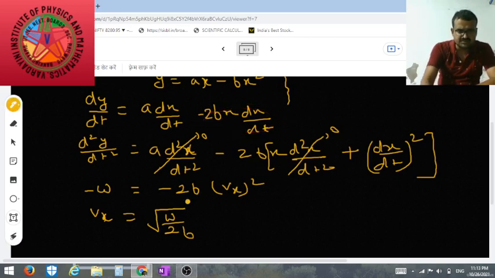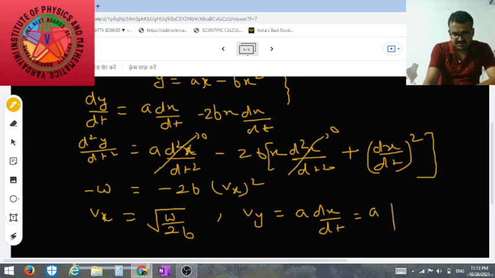So just by having the basic analysis, we have velocity in y direction is equal to a into dx upon dt, and we have just determined the value of dx upon dt is equal to under root w upon 2b, so that I will use, and we will have a times under root w upon 2b.